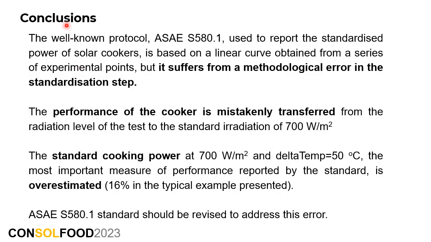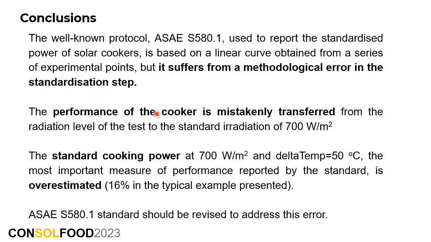Conclusions. The well-known protocol ASAE S580.1 used to report the standardized power of solar cookers is based on a linear curve obtained from a series of experimental points, but it suffers from a methodological error in the standardization step.